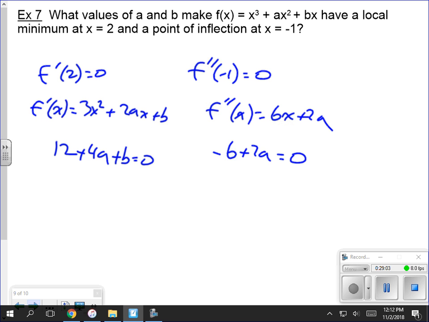F prime of 2 is equal to 0, f double prime of -1 is equal to 0. Solve 1 for a, take that, plug it in the other one, and figure out what b is. Let's go. So a would be 3, correct? Yeah. Add 6, divide by 2, a is 3. Plug in 3 here. 12 plus 12 plus b is equal to 0. B would be -24.